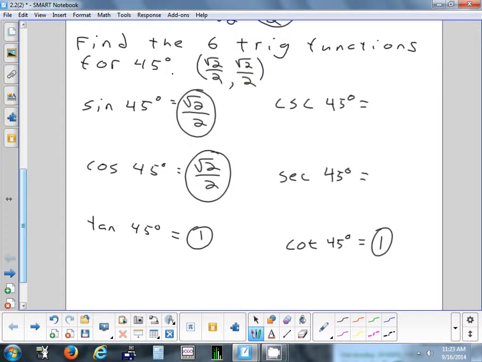Cosecant? This is the name of this one, but we're flipping that one, which is, just put an E on it, sine, yeah. You're flipping sine, okay? So you flip sine to get cosecant. Flip cosine to get secant. Okay, so we get 2 over root 2. And Sean, what will that simplify to?